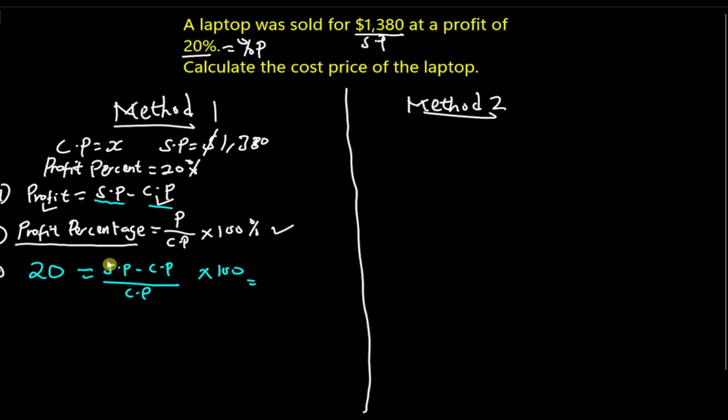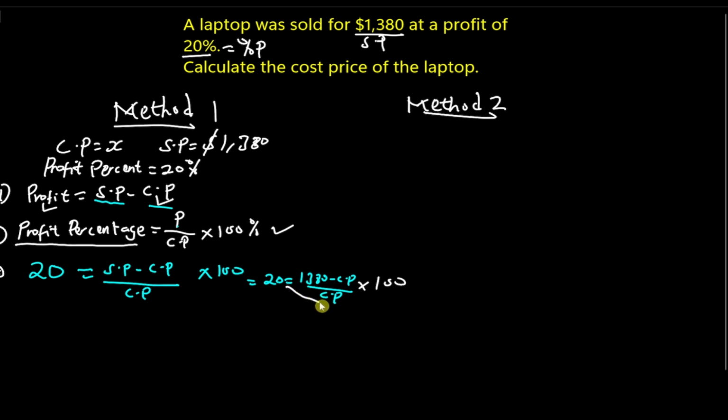Now the selling price is 1,380. So 20 is equal to 1,380 minus the cost price all over the cost price times 100. Now we just do cross multiplication.